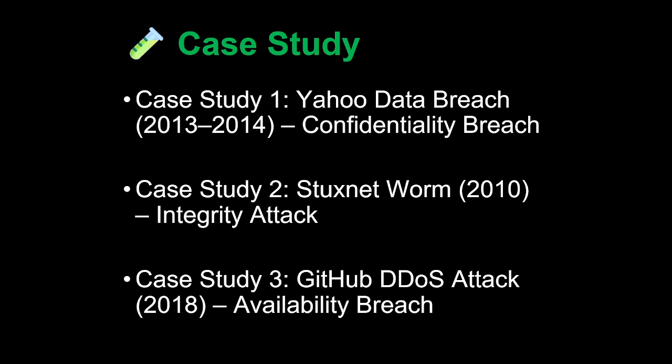Case study number 3, the GitHub DDoS attack occurs and the service or resources are unavailable.